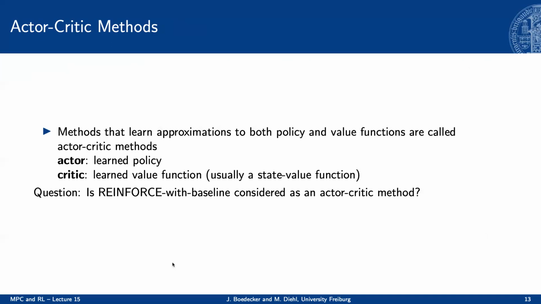Then we'll come to actor-critic methods. As I said, actor-critic methods are similar to what we just saw because they also maintain an approximation of the value function, but they don't just use it as a baseline to get the variance down. They are used for bootstrapping, as we know it from the value-based methods that we looked at before.